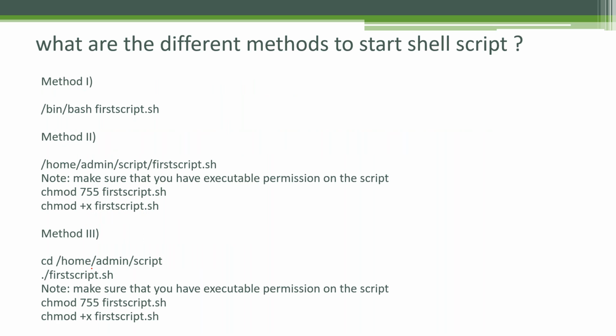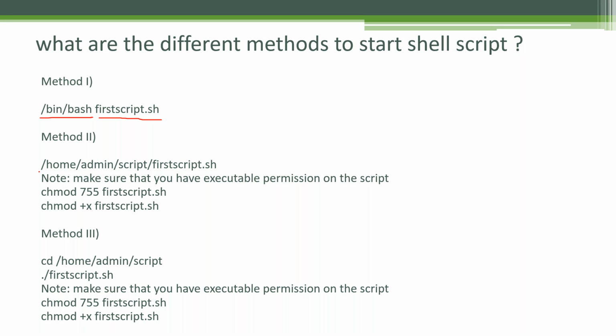Now, the different ways in which you can invoke your script once it is written. You can go with /bin/bash, telling what type of script it is, and then run the script.